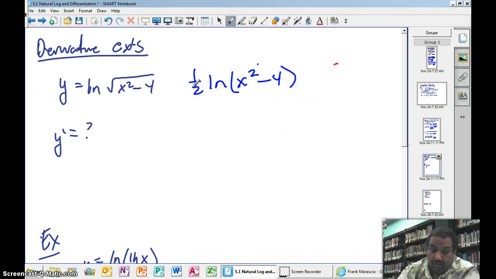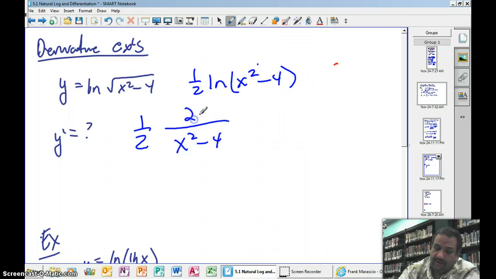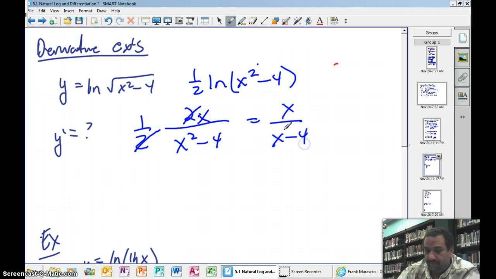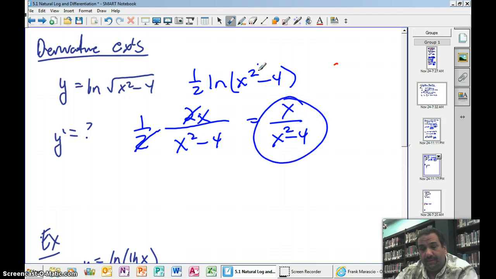All right. Well, the 1/2 is going to stay, and now we're going to do this. The derivative of x squared minus 4 is 2x on top. Cancel the 2's. I'm left with just x over x squared minus 4. So I use the property of logs to break it up, and then I go ahead and do the derivative.